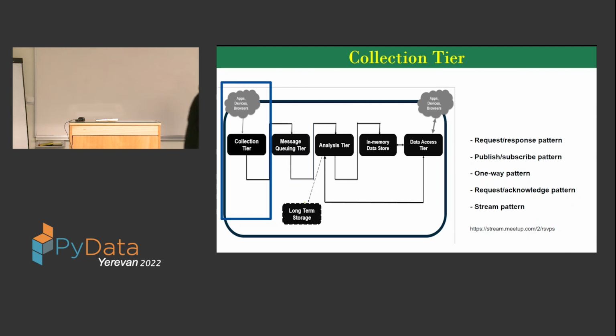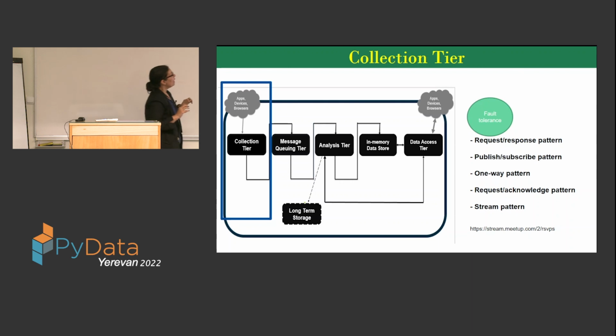And the stream pattern is when your data comes to your pipeline from another stream. So you have another stream, and this data comes to your pipeline from that stream. We call it a stream pattern. So this collection tier can be one of these, and based on each one, we may implement this part.